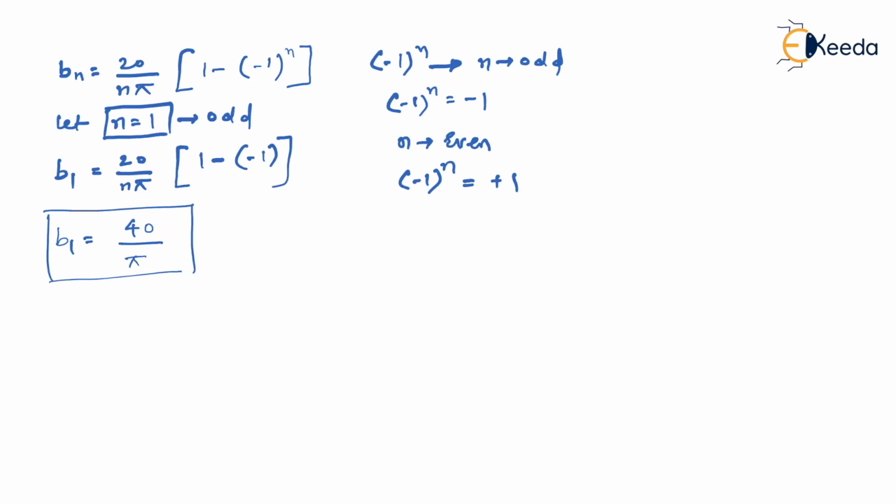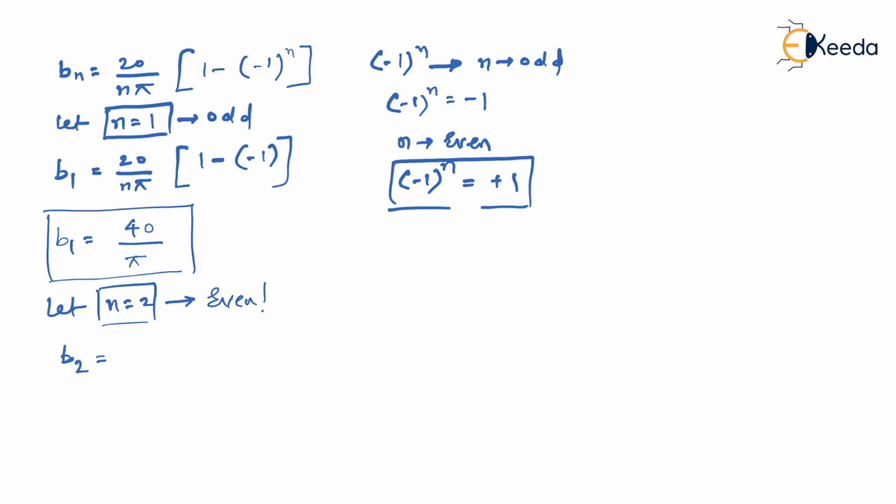Then whenever we substitute some even value of n, that is let n equal to 2, we know that for an even value, minus 1 to the power n results in plus 1. In that case, if you substitute n equal to 2, B2 becomes 20 upon 2 pi, in bracket 1 minus 1 simply, so 1 gets cancelled, B2 becomes 0.